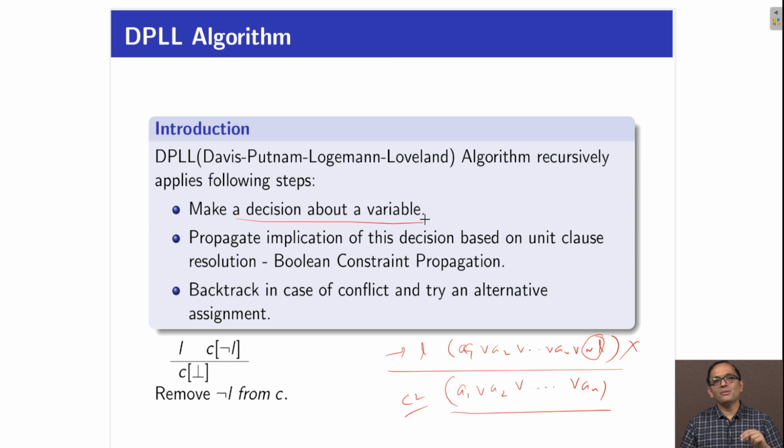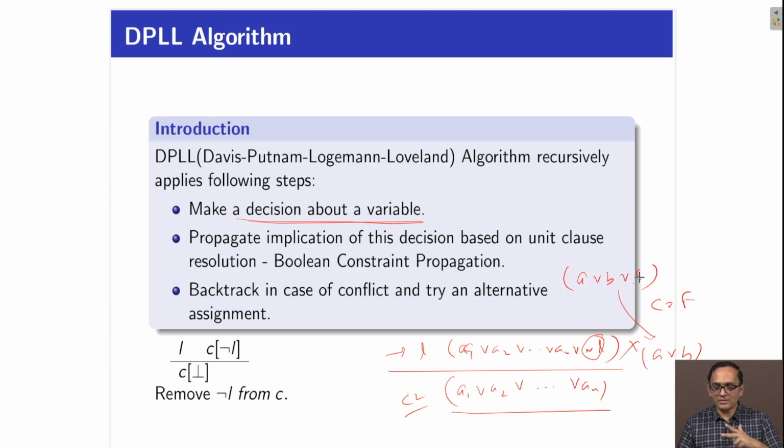So we pick some variable and a value. If the variables are from A to D, let us say I randomly pick C and assign the value false. Once I do this, if you have a formula A or B or C and you assume C equal to false, this formula will reduce to A or B because C becomes false.